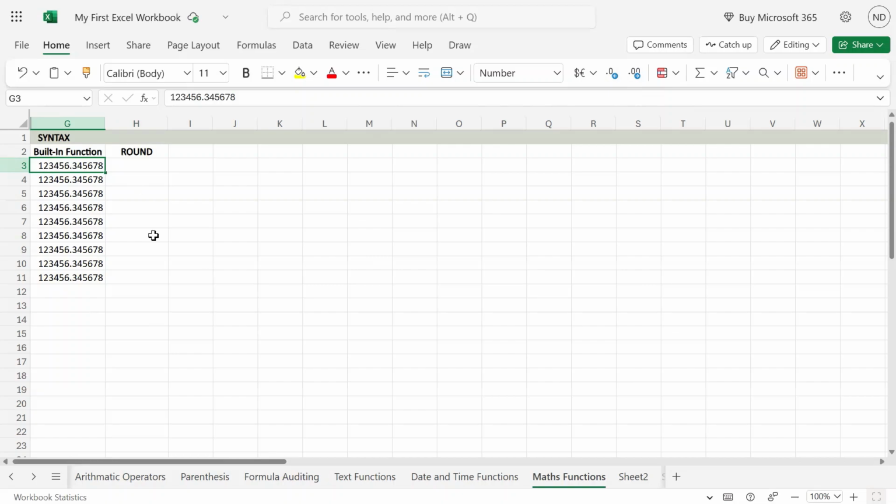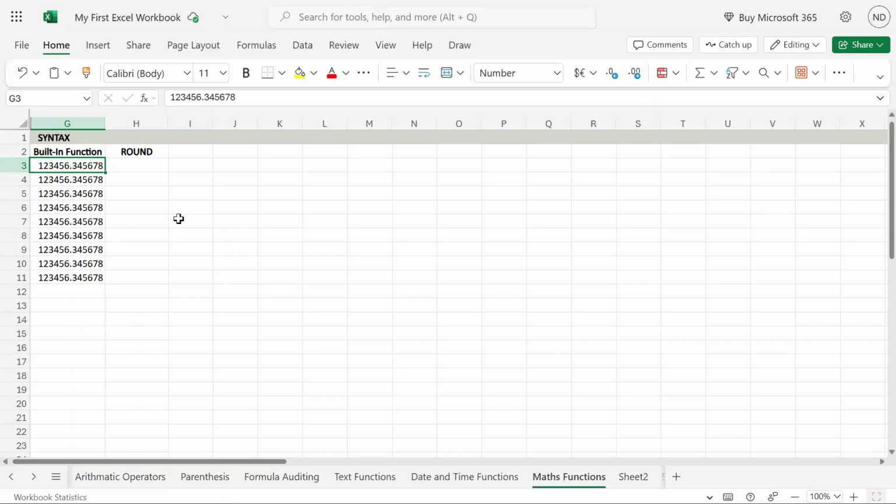So usually your superiors may want to round to specific numbers. At times you would want 1,25,670 to be just displayed as 1,25,000.